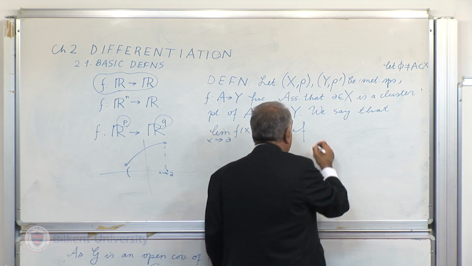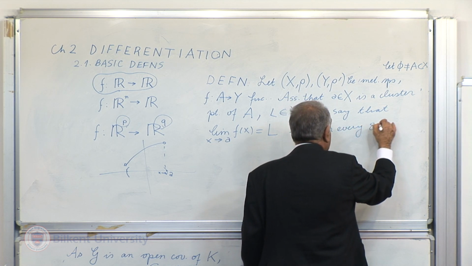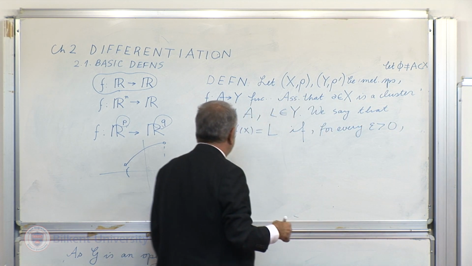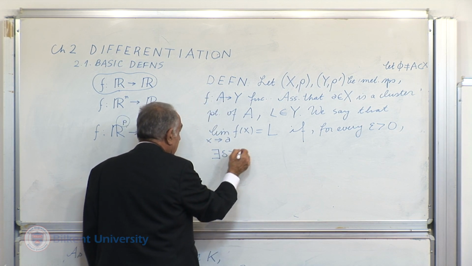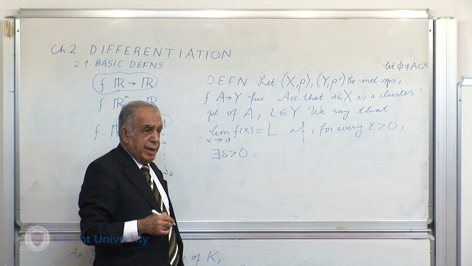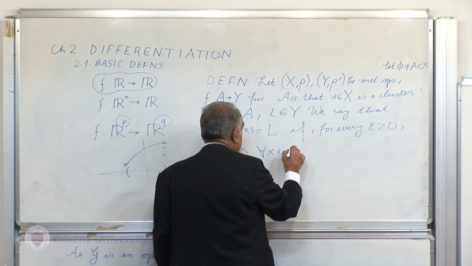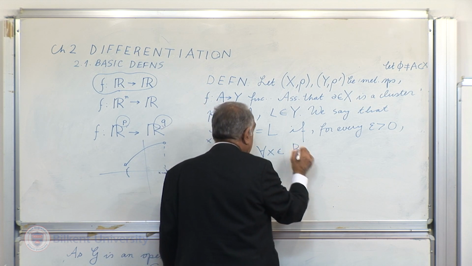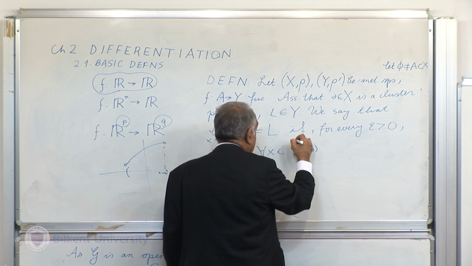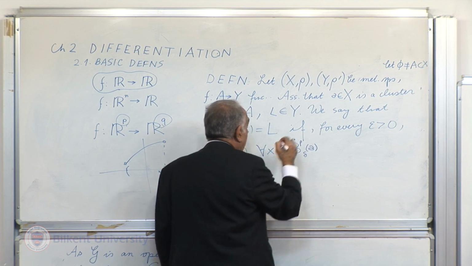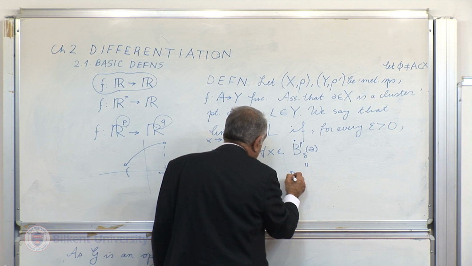Now comes the standard definition. For every epsilon positive, there is some delta positive such that for all x in the delta ball with respect to rho about a, but now I will use this punctuation notation, the punctured delta ball.